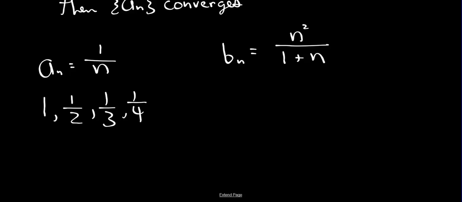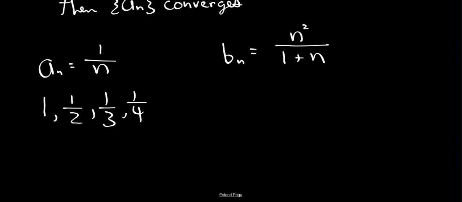It's bounded below, but it's not bounded. So we can't say this one converges. This one is just getting larger and larger and larger. So that's an example of a divergent sequence. The first one converges, the second one diverges.